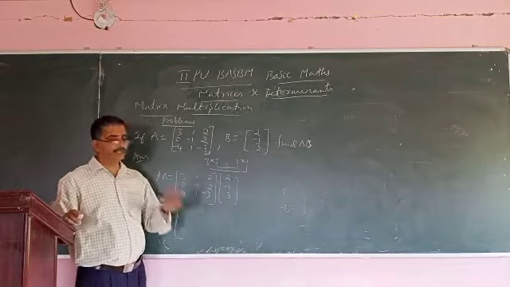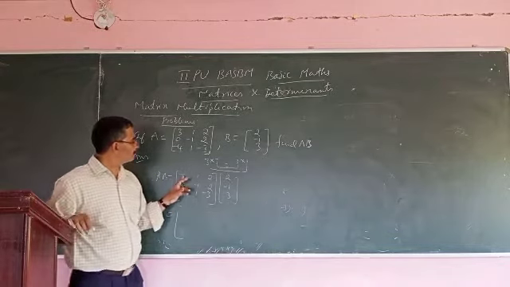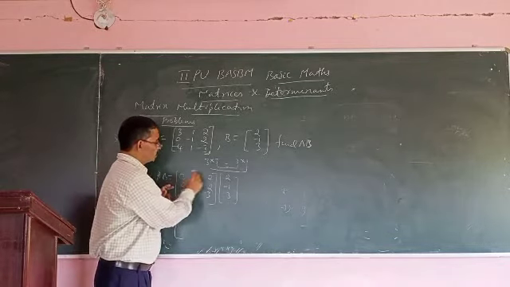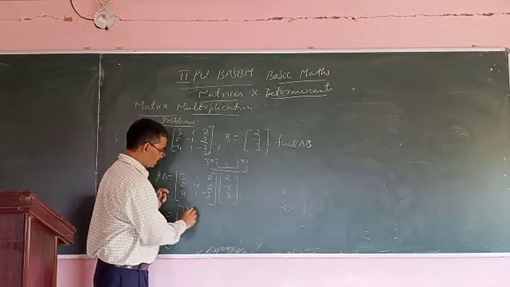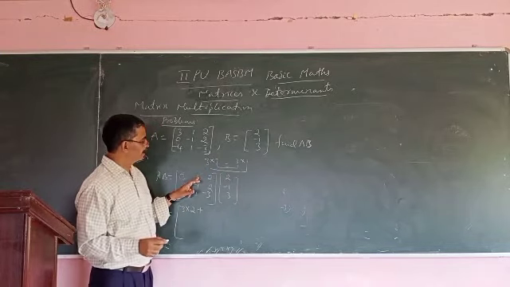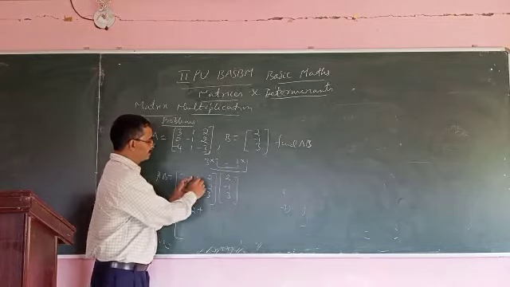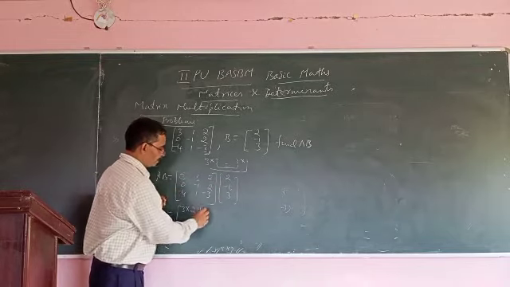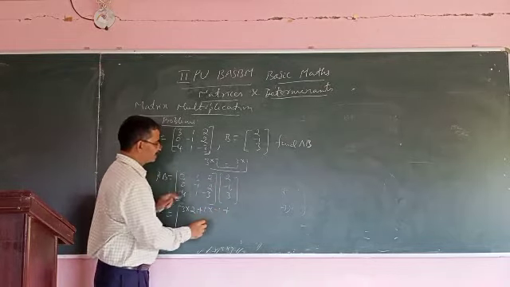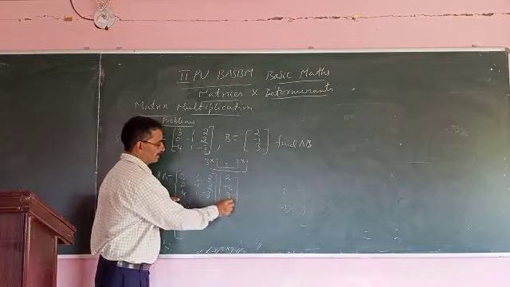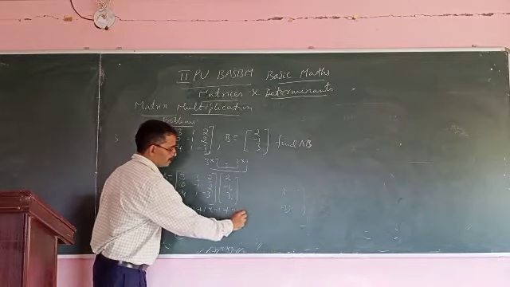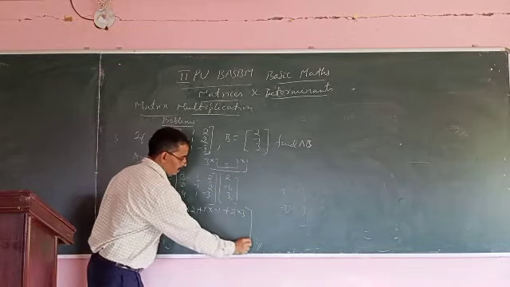First row into first column, only 1 column is there. So how is the multiplication? 3 into 2, plus 1 into minus 1, next element into next element, plus 2 into 3. This is only one element.